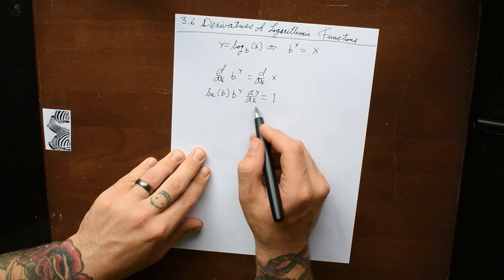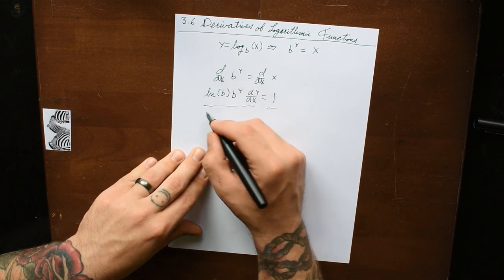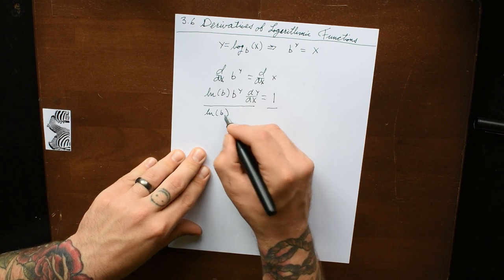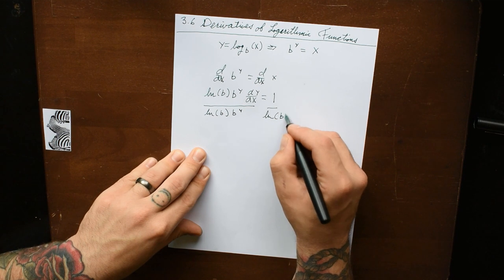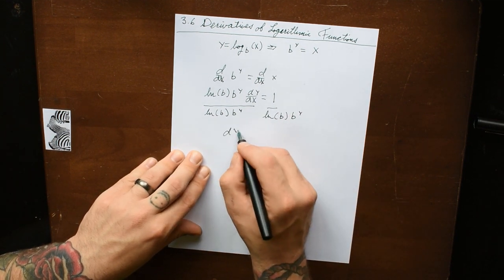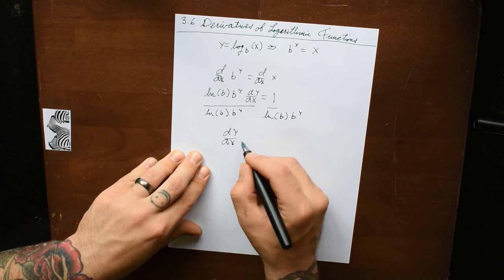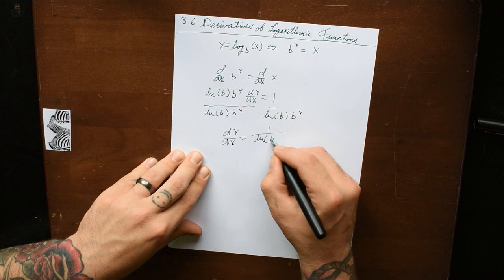We want to solve for dy/dx, so we can divide both sides of this equation by the natural log of b times b to the y, to get that the derivative of y with regards to x is equal to 1 over the natural log of b times b to the y.